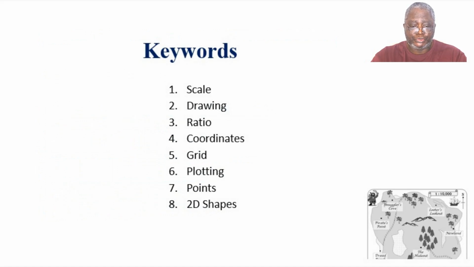The keywords you will come across are scale, drawing, ratio, coordinates, grid, plotting, points, and 2D shapes. These are words you probably have come across during the course of your lessons, but in this particular case, you will be using them and you need to use them appropriately.